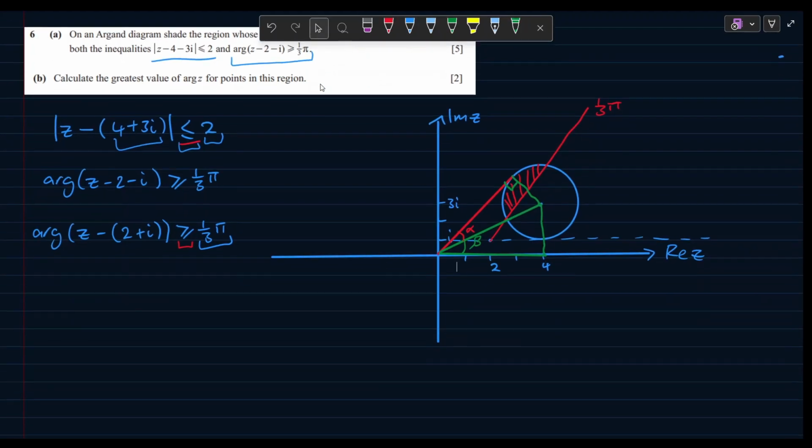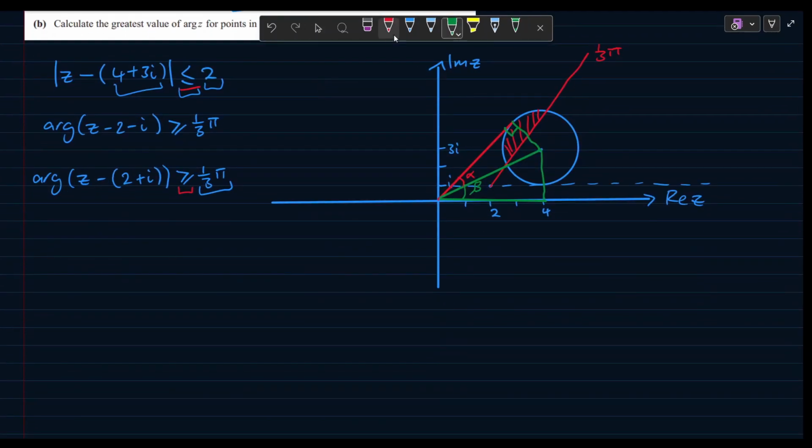Let's extract each of these triangles so that we see what's going on. So firstly, we've got the triangle that's above, and it looks like this. It's got a right angle over there. Now we can actually find the length of this line, which is the line from the origin to the center of the circle. The center of the circle, we know it has coordinates 4 + 3i.